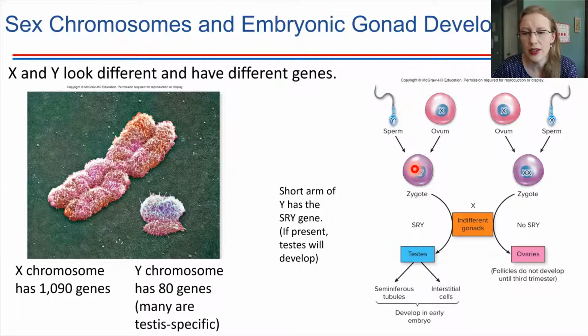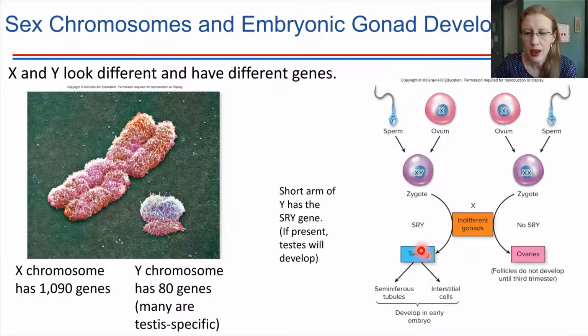And then what happens is if there is a Y chromosome present, then one of the genes on that Y chromosome, called the SRY gene, if that one is present and if it's being expressed, that will lead to some changes in the body plan. Some things will be inhibited, other things will be promoted to develop. And so that leads to the male development. Males end up developing differently from sort of the default female development that was in place.